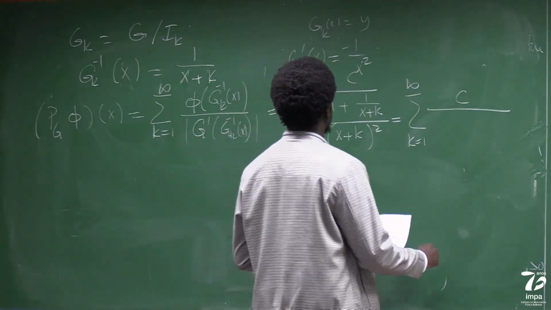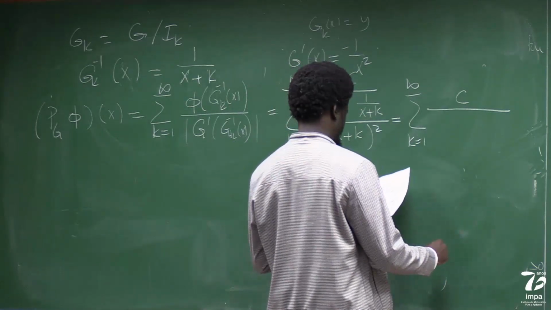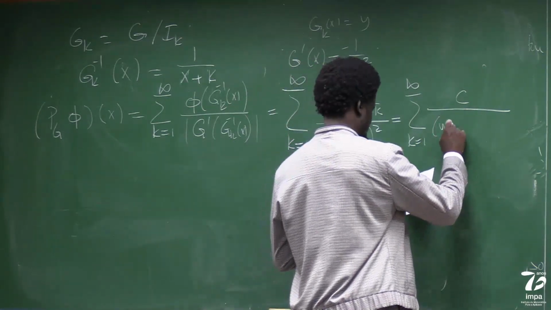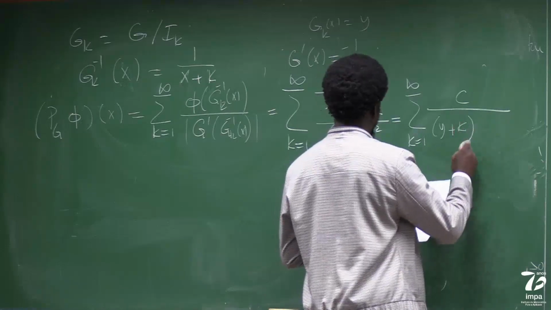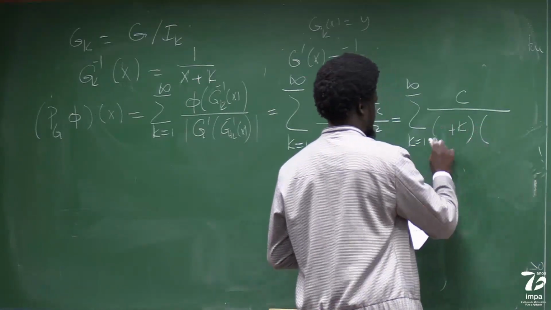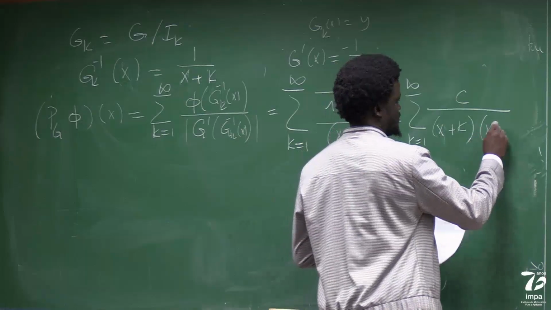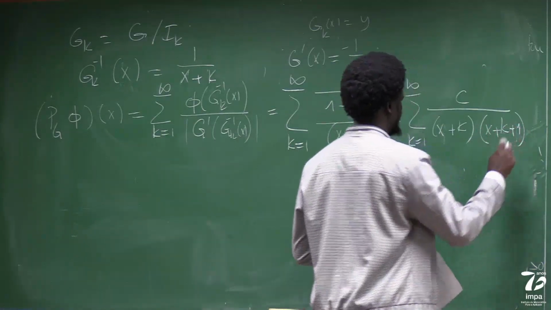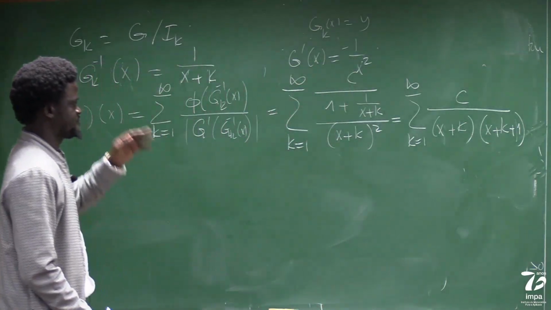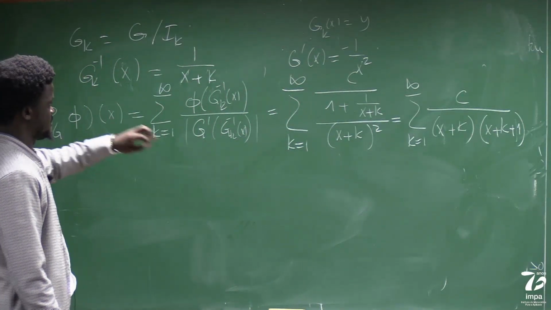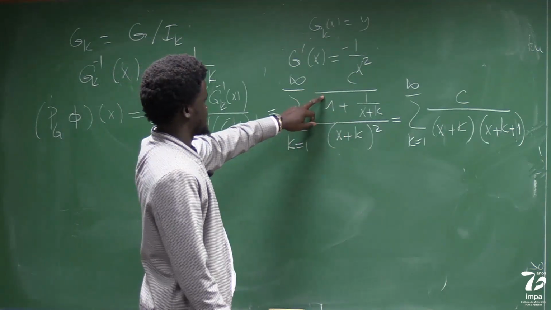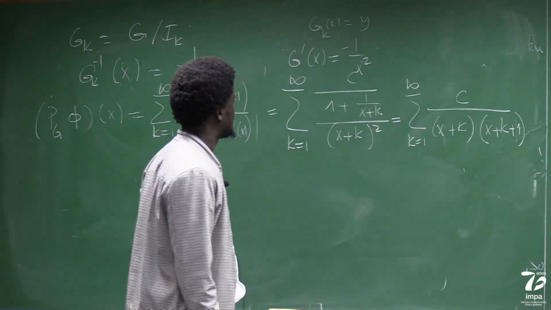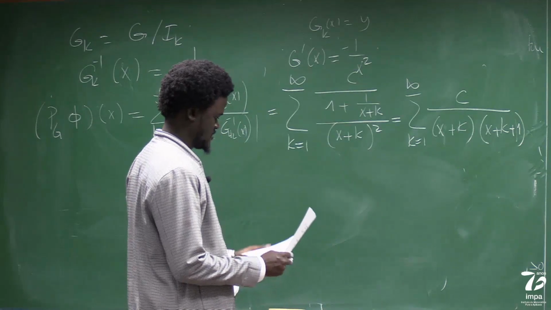So you will have x plus k, and then x plus k plus 1.